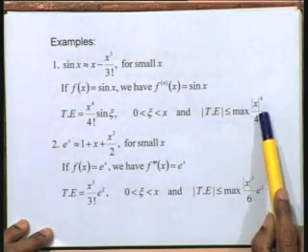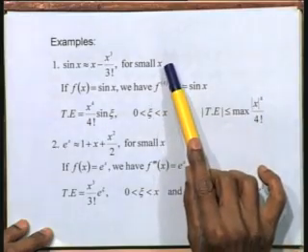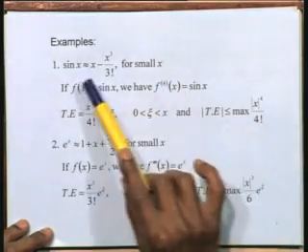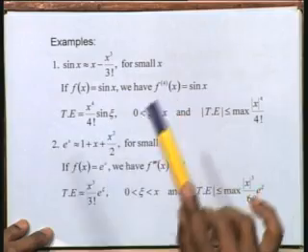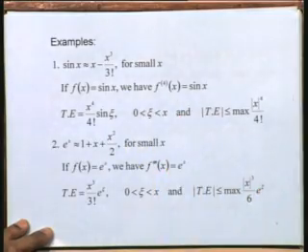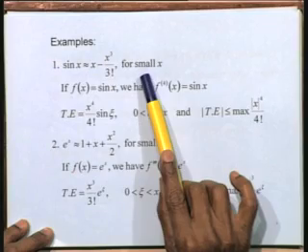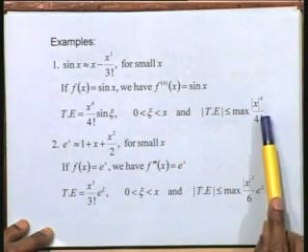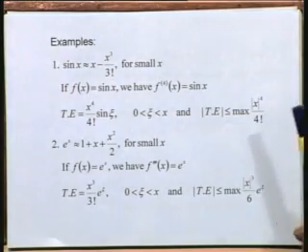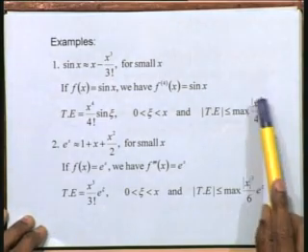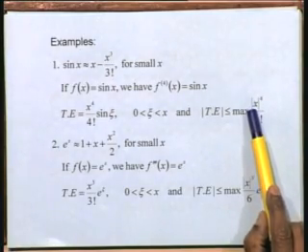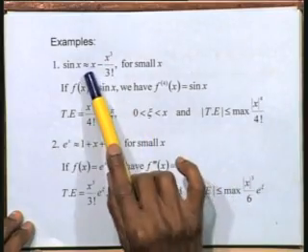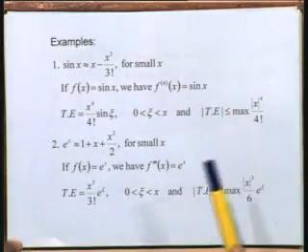This maximum can be determined once the problem states that we are using this approximation for, say, x from 0 to 0.001 or x from 0 to 0.05. When you are given the interval in which this formula is being used, I can find its maximum, because the maximum of magnitude x to the power of 4 can immediately be determined, and this is the largest truncation error that would be made while evaluating in the given interval.